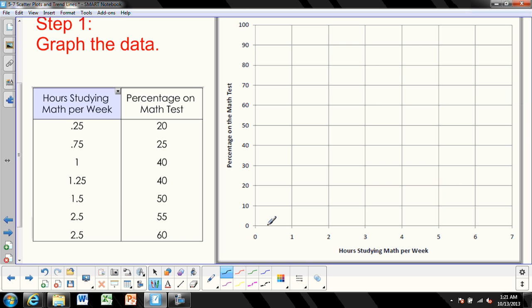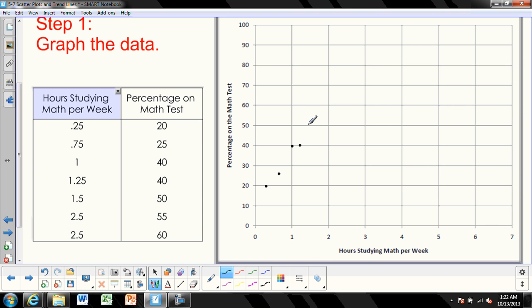So you would go over to 25% or 1/4 of an hour and go up to 20%. Put a dot. The next was 3/4 and we were up to a 25% on the test. 1 hour, we jumped up to 40. An hour and a quarter, we're still at 40.